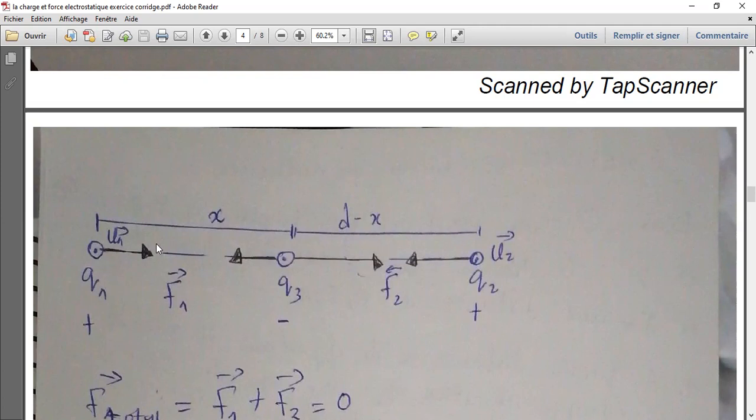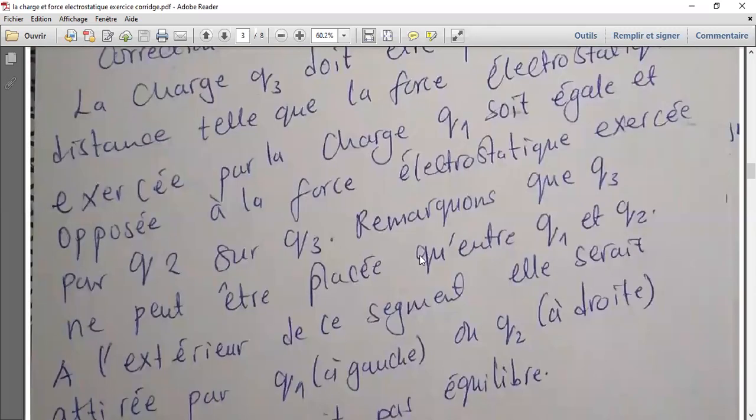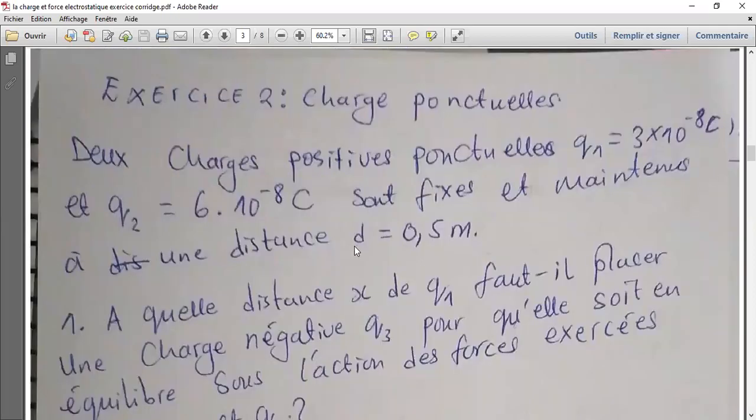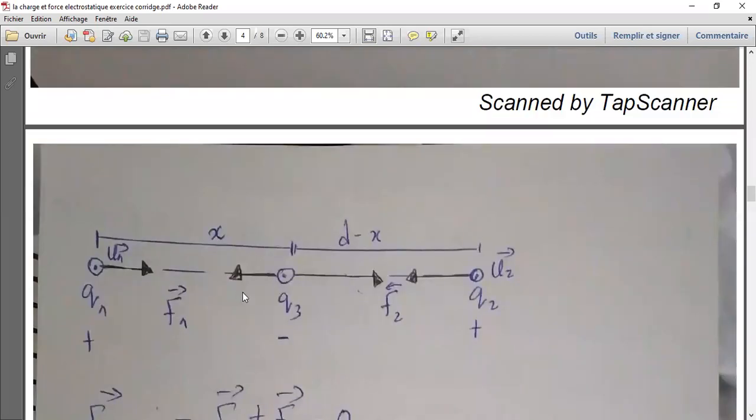They have told you that Q1 and Q2 are fixed at a distance D, which is equal to 0.5 meter. So if the distance from Q1 to Q3 is x, the distance from Q3 to Q2 is D minus x.